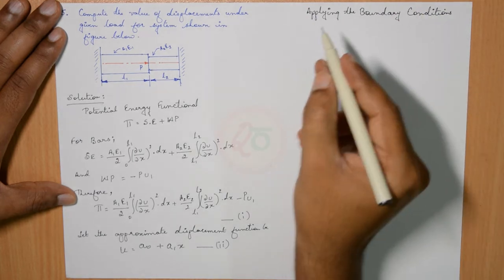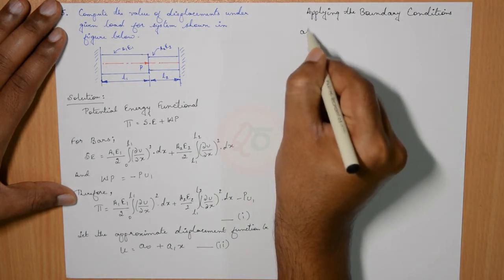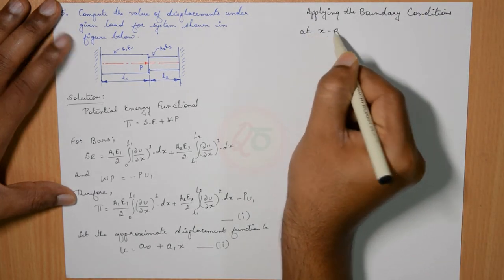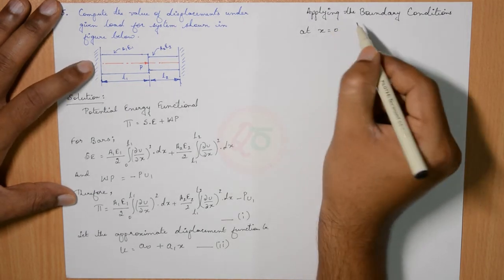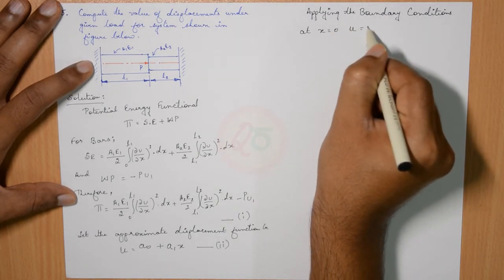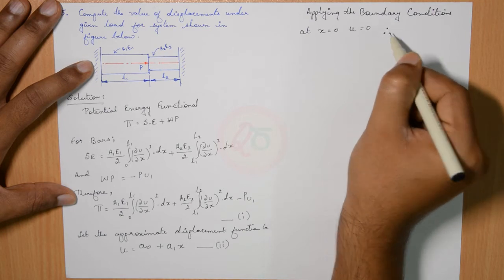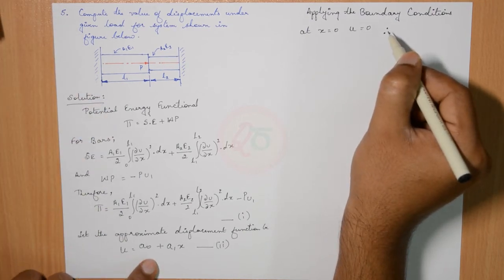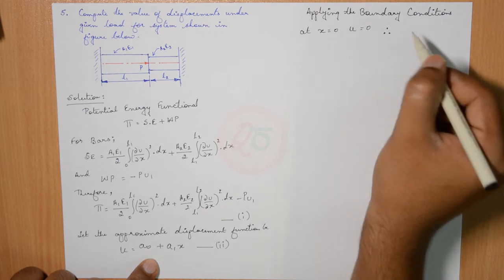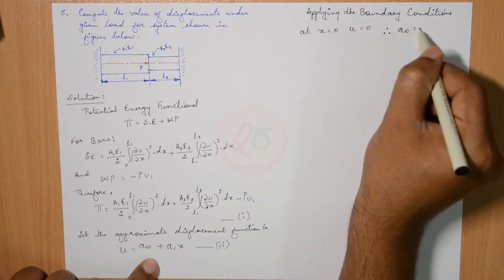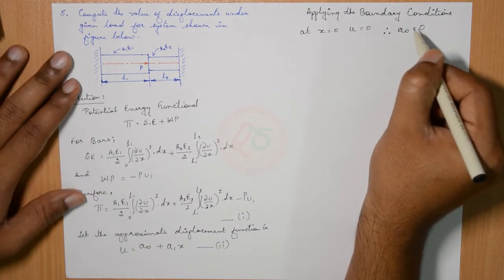so what are the boundary conditions? At x equals 0, the leftmost end, u is 0. Therefore, if you substitute the values to equation 2, you'll get a naught is 0. Okay.